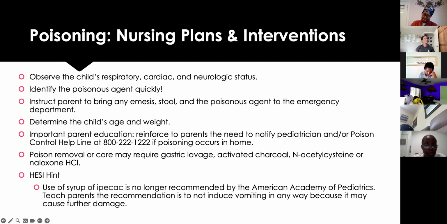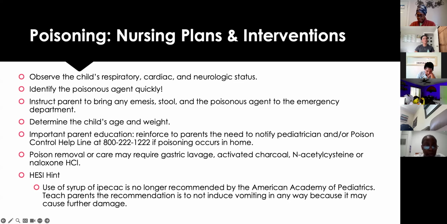We're going to use their age and their weight to help us dictate our interventions. Obviously be in contact with poison control as soon as possible, either through their 800 number or their online information. We may do gastric lavage, activated charcoal, or other measures to neutralize that poison so that we can remove it from their bloodstream and their system.